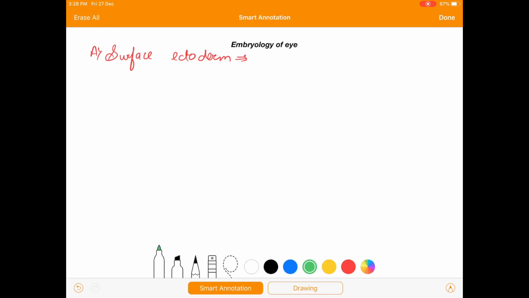Before moving towards the list of the structures which came from surface ectoderm, you need to know some things. See, this is neuroectoderm, and in red color it is surface ectoderm. So SE for surface ectoderm and NE for neuroectoderm.